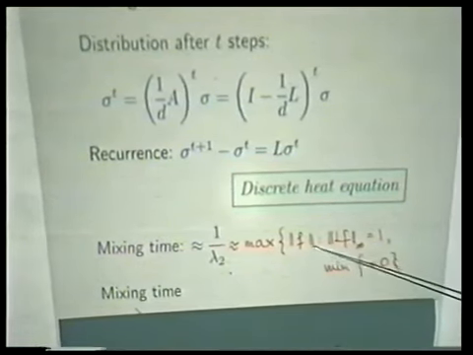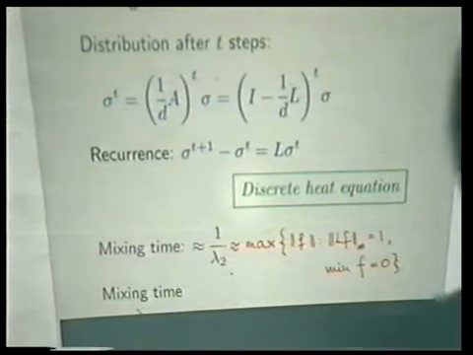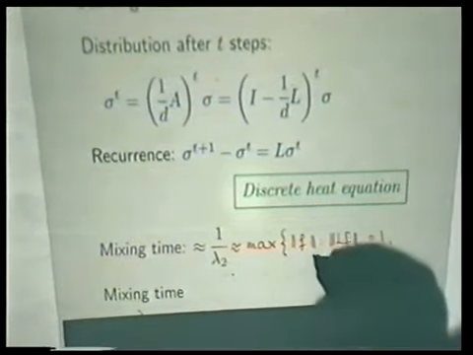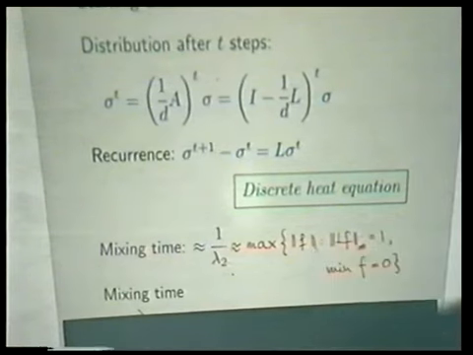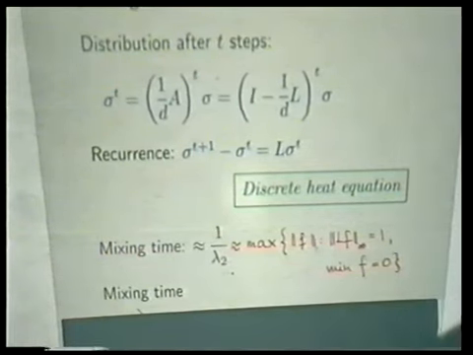It's the maximum L1 norm of a function where the L infinity norm of the Laplacian is 1 and the minimum of the function is 0. So it's a very simple property of the Laplacian that governs the mixing time.